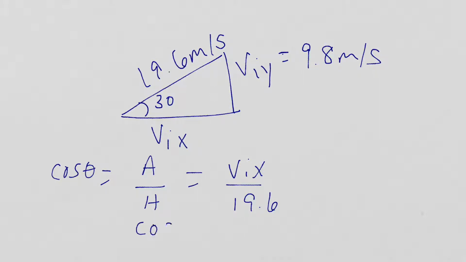So cosine theta equals VIX over 19.6. That should be a decimal place right there, but I can't add it in. Anyway, then we do times 19.6.